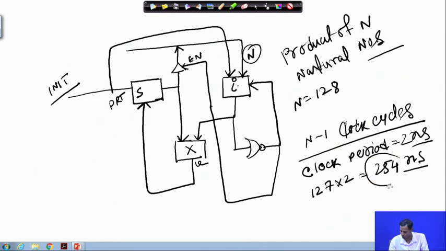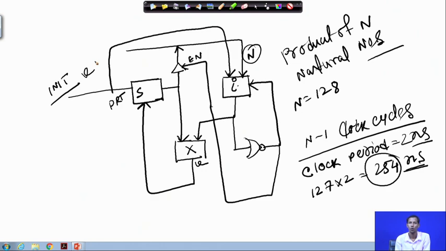That means I have to wait for 254 nanosecond to produce the results after applying the input, or the starting of this total computation.